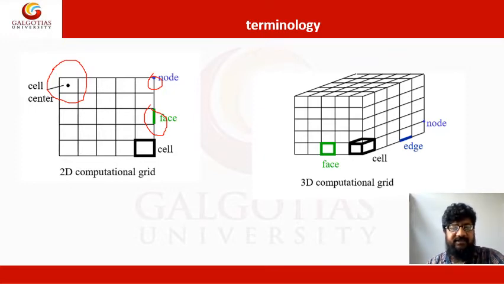This is the cell, the whole cell. In case of a 3D computational grid, we have edge, we have face, and this is the 3D cell and the node. So the whole domain is discretized into a number of cells or control volumes. At each control volume, the equations will be solved and the solution will be stored at the cell center.